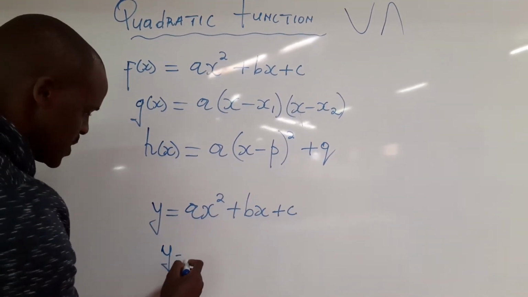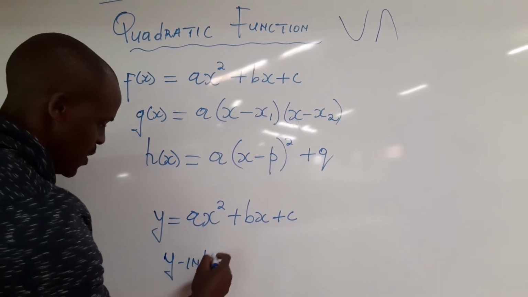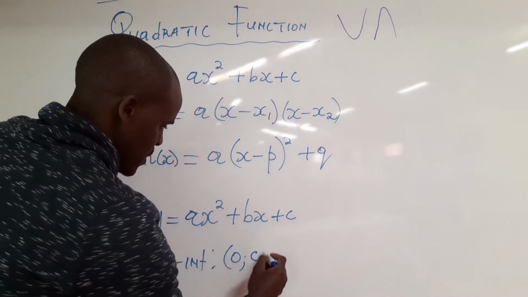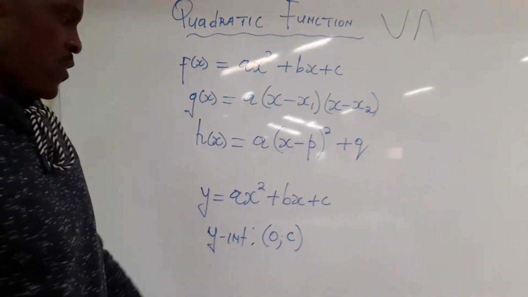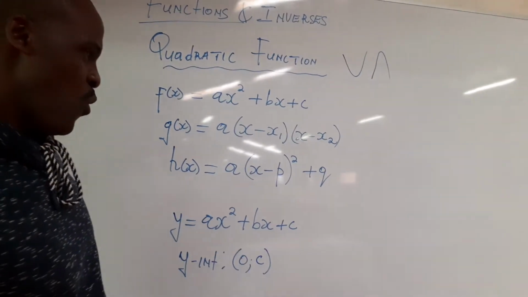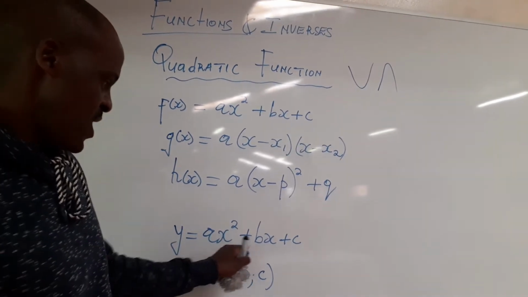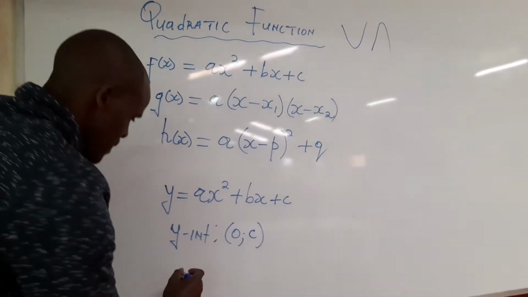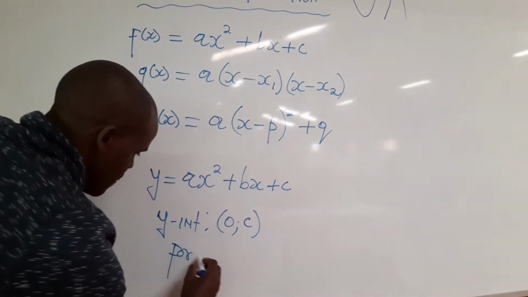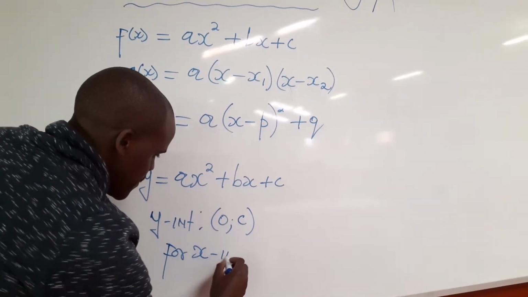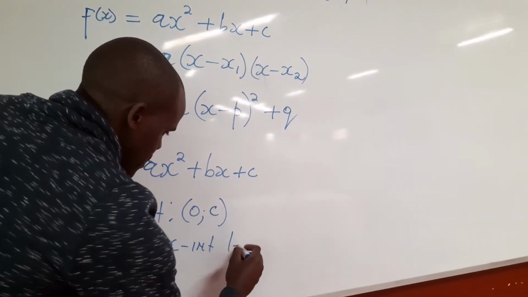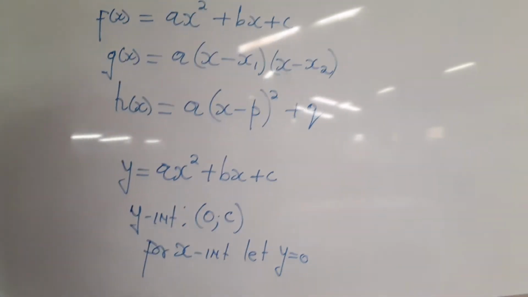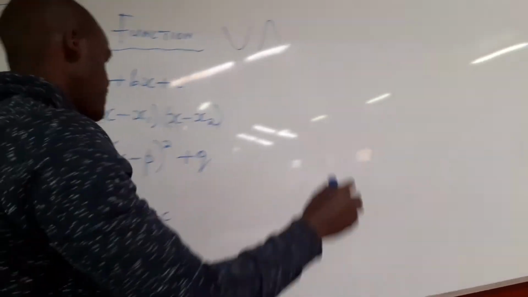Therefore, our y-intercept will be (0, c). C represents the y-intercept after letting x be 0. And then for the x-intercept, you let y be 0.